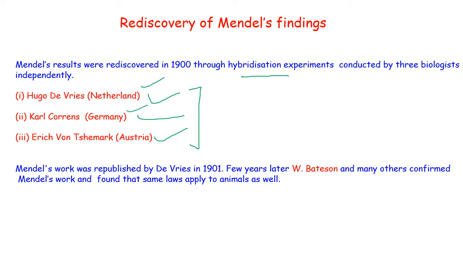They found that Mendel's findings were actually true, and they were very honest, so they gave all the credit to Mendel. That's why Mendel is today known as the father of genetics.